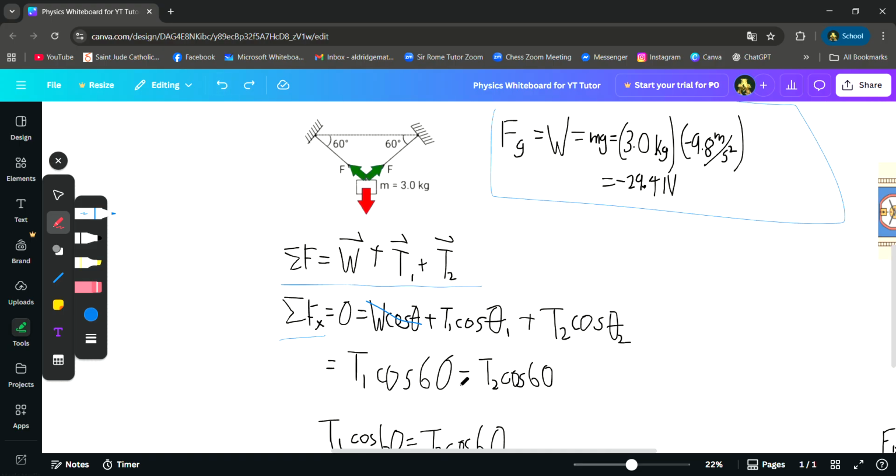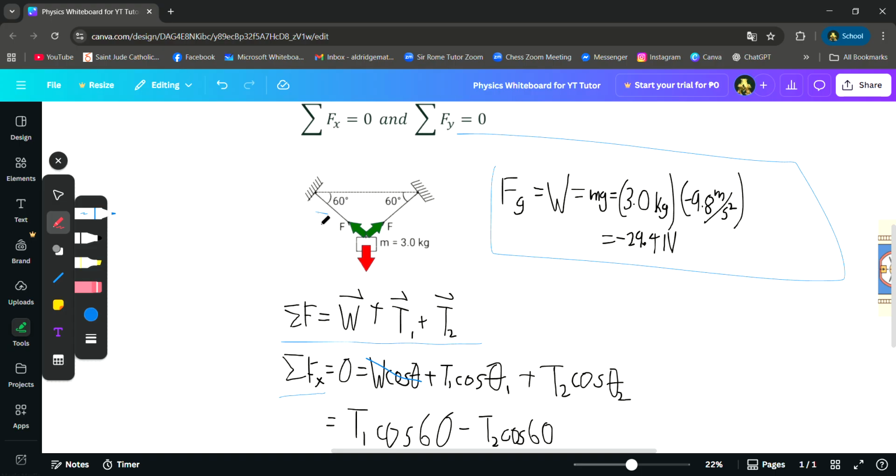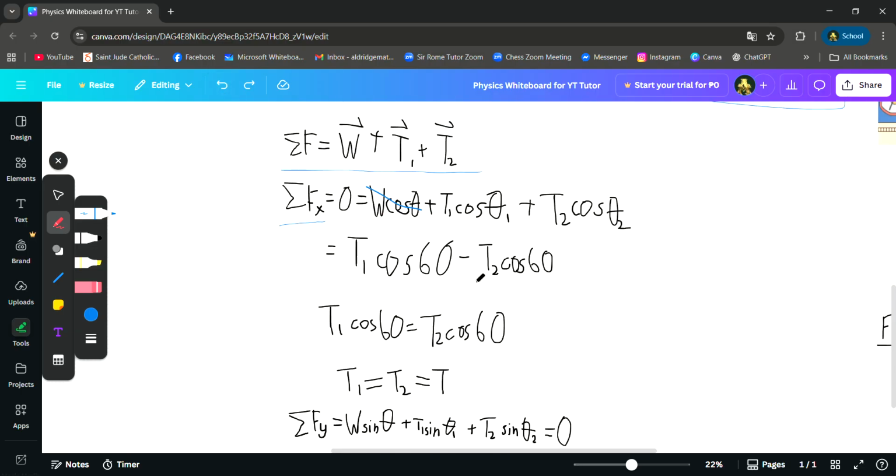T2 becomes negative because this T2 here in the x direction is pointing opposite, so the magnitude's negative, not the degree. But if you want this to be plus, this one would not be 60. This one would be 1, if I'm not mistaken.